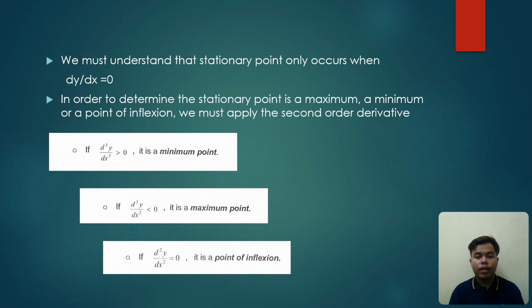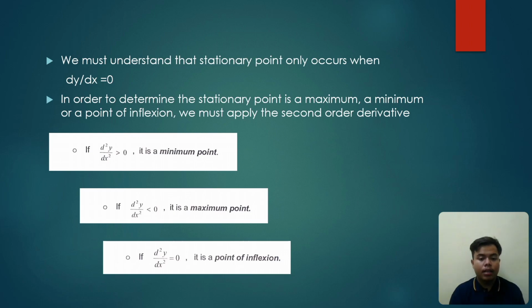Okay, moving to the next slide. We must understand that a stationary point only occurs when dy/dx equals 0. In order to determine whether the stationary point is a maximum, a minimum, or a point of inflection, we must apply the second order derivative. There are three cases. If d²y/dx² is more than 0, it is a minimum point.